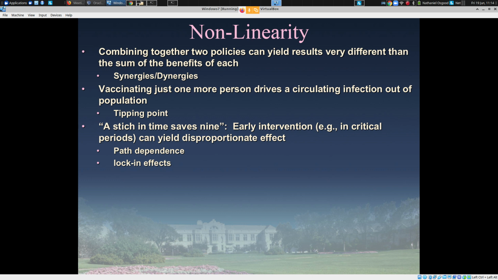Nonlinearity is seen in the form of tipping points. We all know the effects of vaccination with herd immunity. Vaccinating just one more family can drive a circulating infection out of the population in the right context. It's a tipping point, and tipping points make all the world of difference.